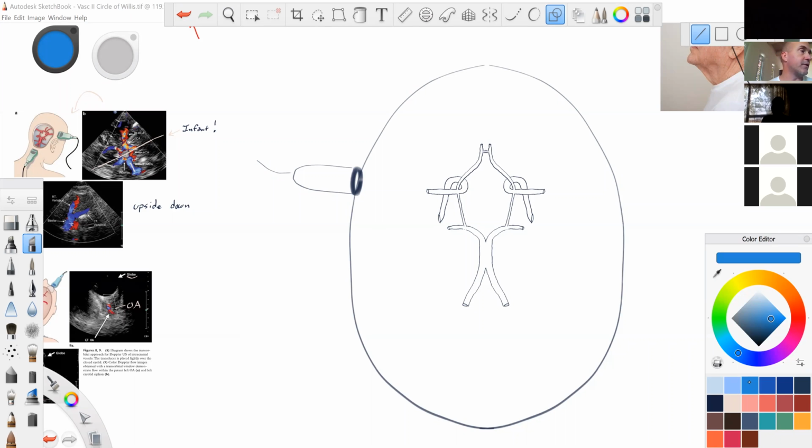I'm going to go through the pictures here because I don't want to screw this up. Middle cerebral artery. This is what you start out on most of the time. And we're only really going to talk about the temporal approach. It's the most common approach.